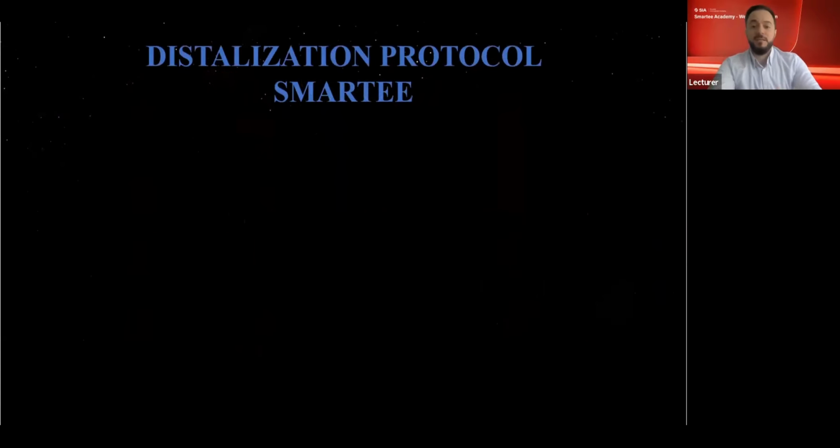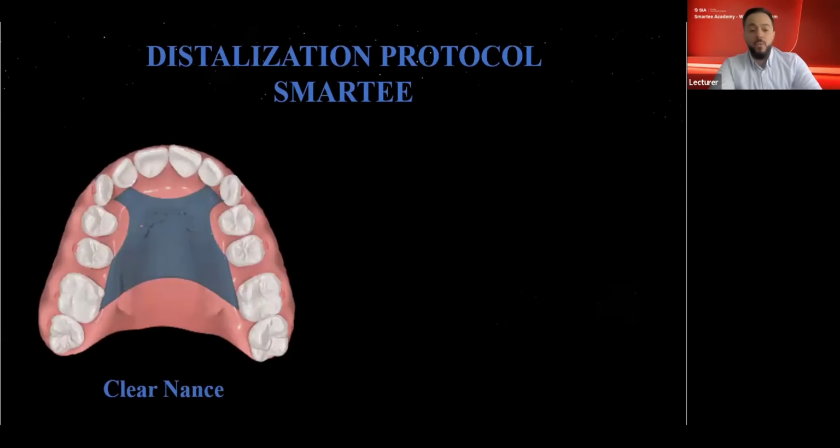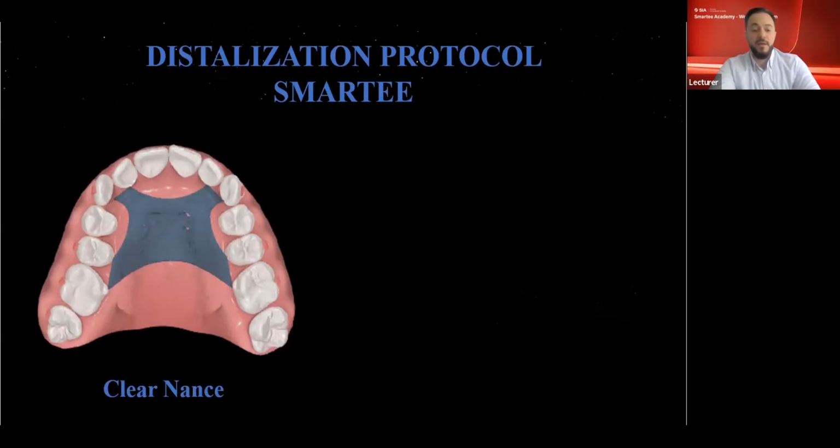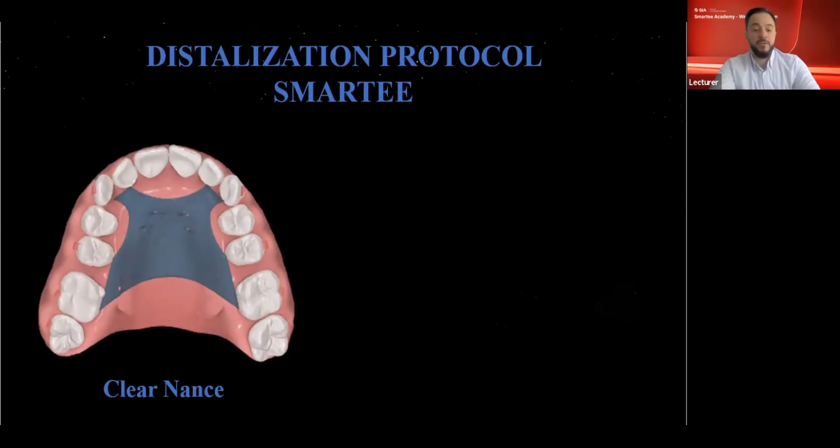So what's the distalization protocol when using Smartee? When we start the distal movement of the molars and I need to reinforce my anterior anchorage, we can ask the technician to add this clear Nance in order to prevent the mesial movement of the molars.